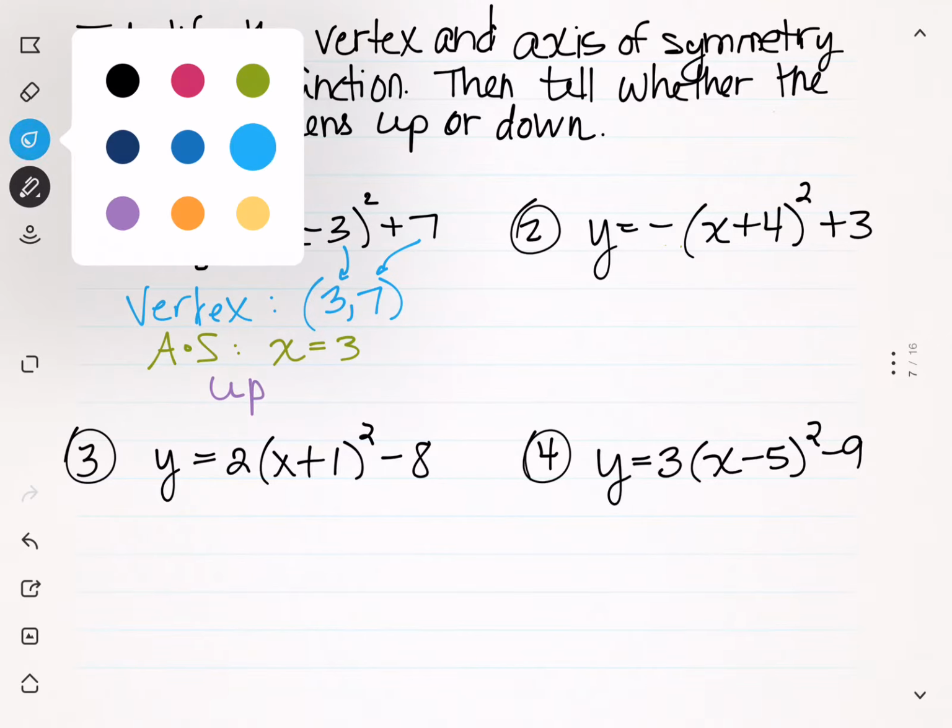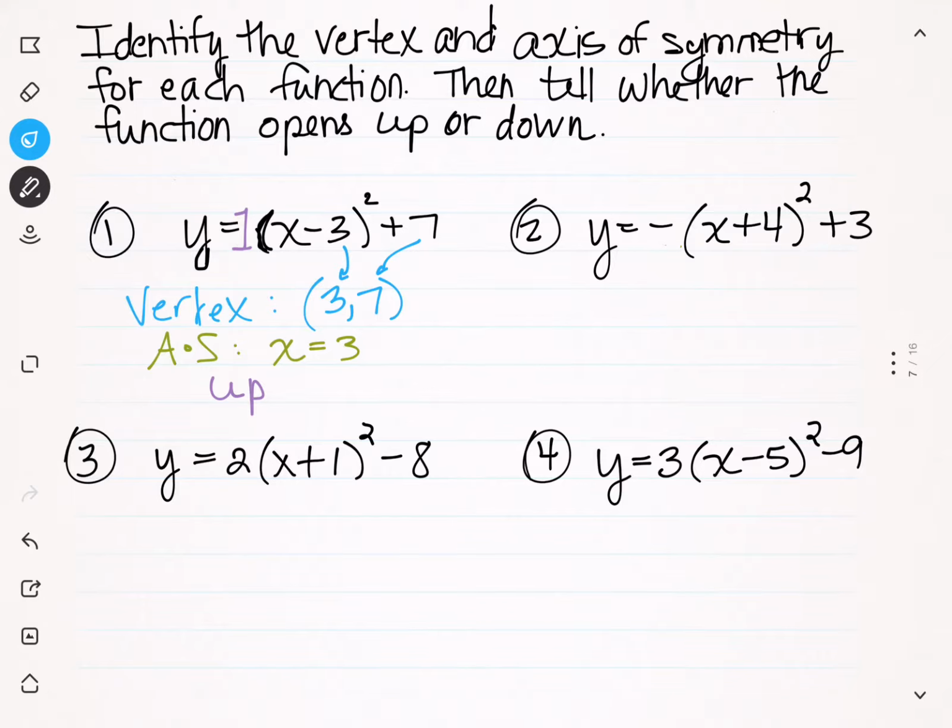Okay, let's try number 2. Let's see here. For our vertex, the value of h, oh, this one says x plus 4. So that means I have to take the opposite of that, minus 4, and then the value of k is 3. So h and k, my vertex is (-4, 3).